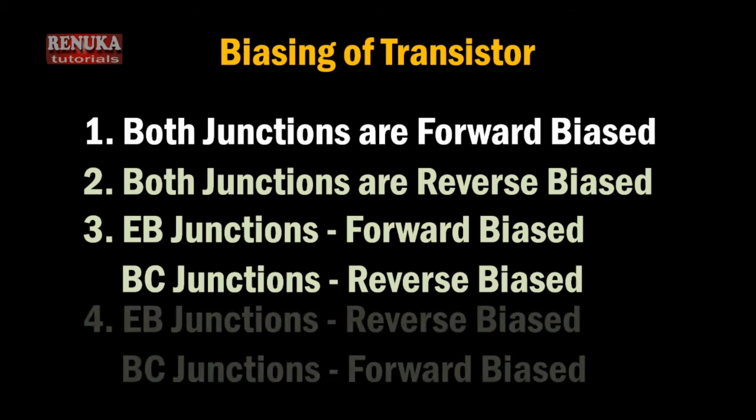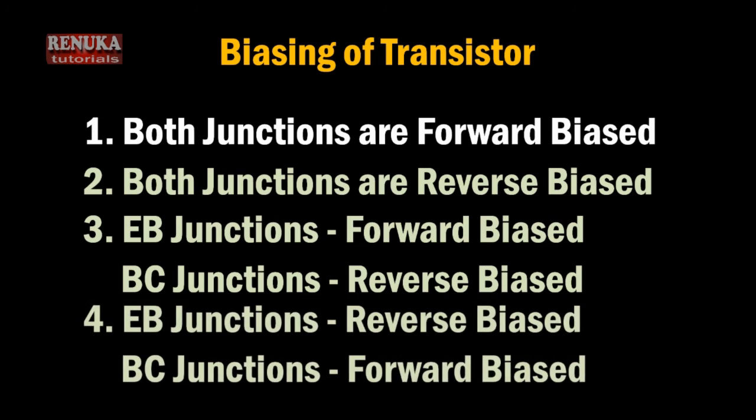The last is if the emitter base junction is reverse biased and the collector base junction is forward biased. This is actually meaningless, because if this transistor has to be used as an amplifier, there will be an input connected to the emitter base, and if the emitter base junction is reverse biased, there will be no current on the output side.